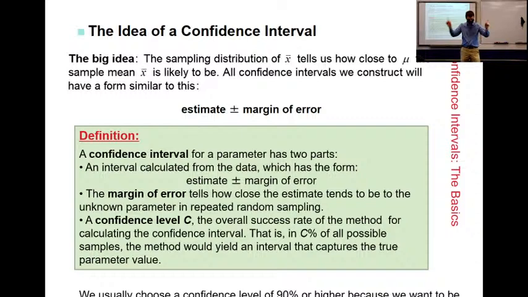So going back to my percent of freshmen at Dixon High School, if we got 23% for our estimate, then we're going to be doing some calculations that we'll get to in a minute and getting a high and low end estimate centered around the 23% for where we think the actual population is, where we think the percentage of all the freshmen at Dixon High School actually is, based on our sample giving us 23%. That's the idea, is we're taking our sample and we're giving a range of values that we think are a plausible range of values for where we think the population is at.